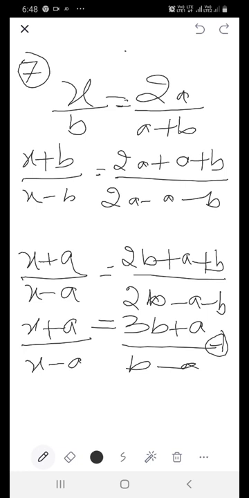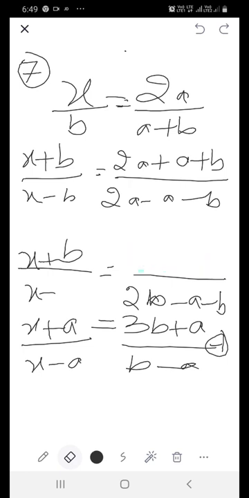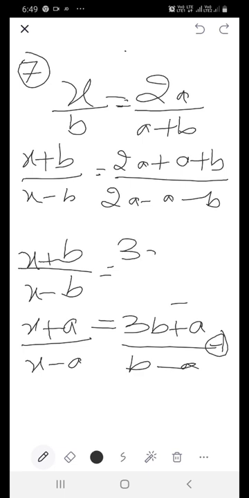What will be the value of x plus b upon x minus b? It will be 2a plus a plus b, 3a plus b, upon 2a minus a minus b. Mark it as second.